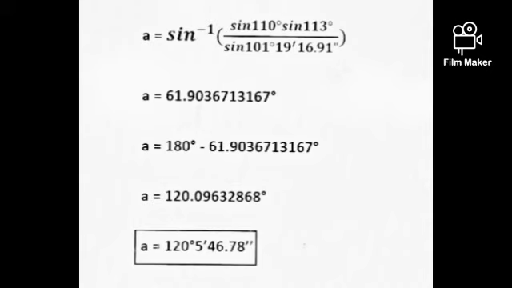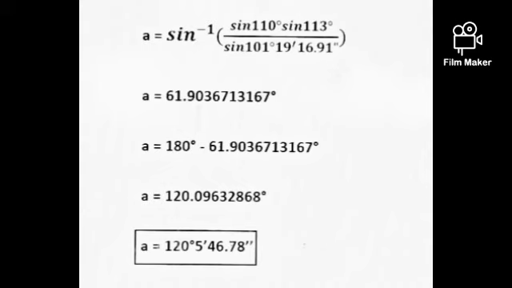Small a equals shift sine of 110 degrees multiplied by sine of 113 degrees over sine of 101 degrees, 19 minutes, 16.91 seconds. And using your calculator, you should get small a equals 61.9036713167 degrees. But the given angle capital A is 110 degrees, which terminates in the second quadrant.